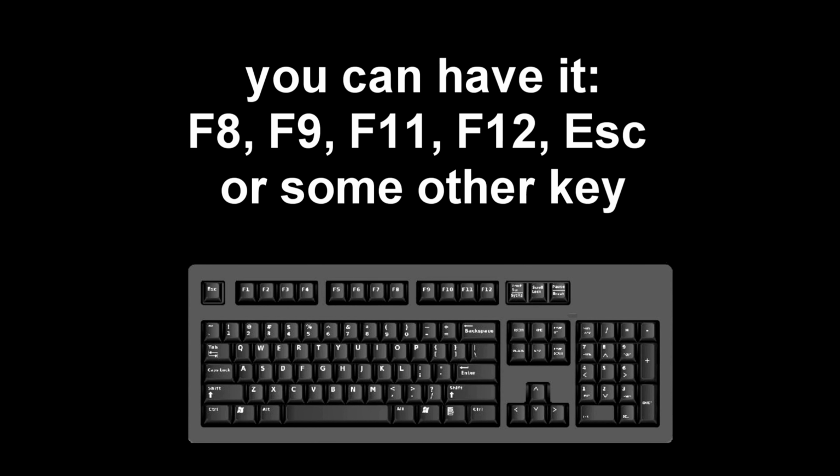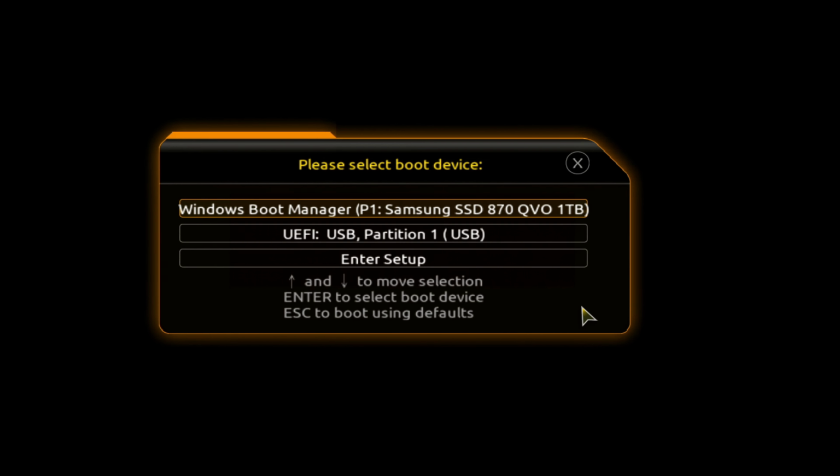I press the F12 key, for you it could be Esc, F8, F9, F11, F12, or some other key. There is no single standard and different computers may have different keys to call the boot menu. The boot menu opens, find the installation USB flash drive or DVD in the boot menu, press Enter.